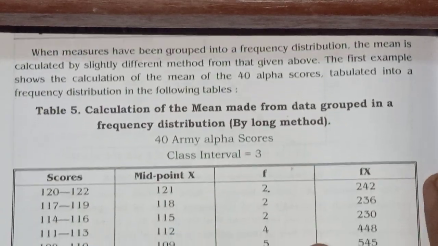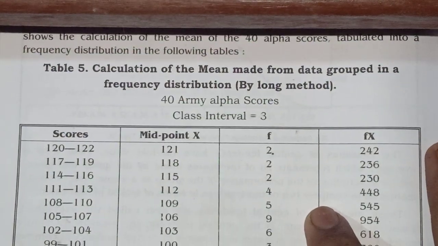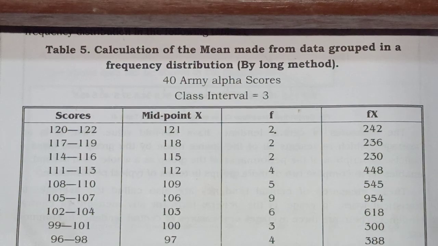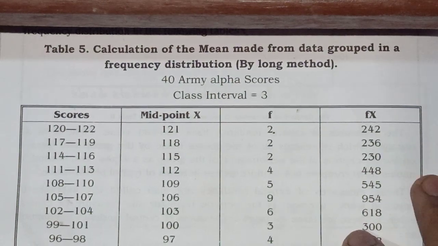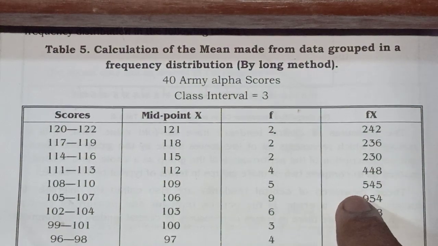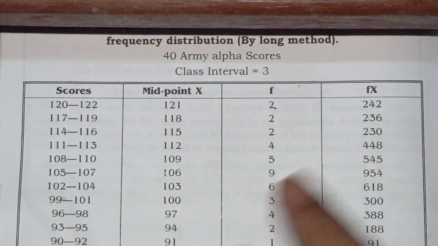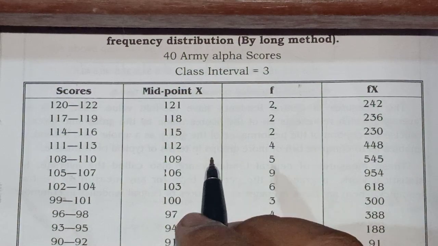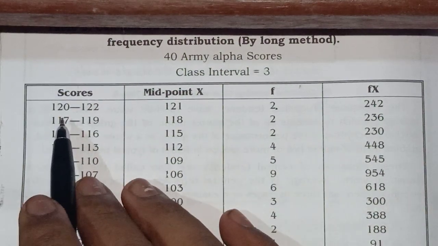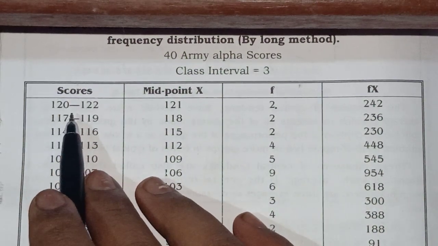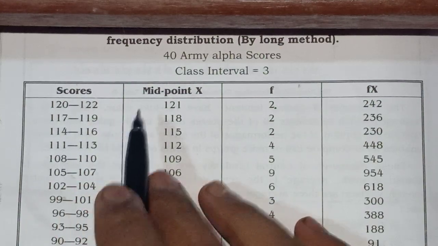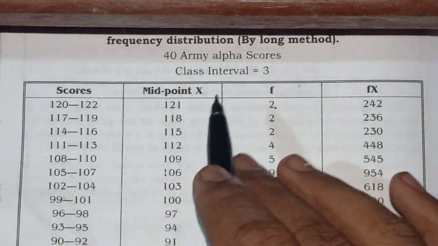If class interval is given here, what will be the formula? The formula will change simply when the class interval is given. When class interval is given, you need to make a midpoint. The class interval here is 120 to 122. The midpoint is 121.